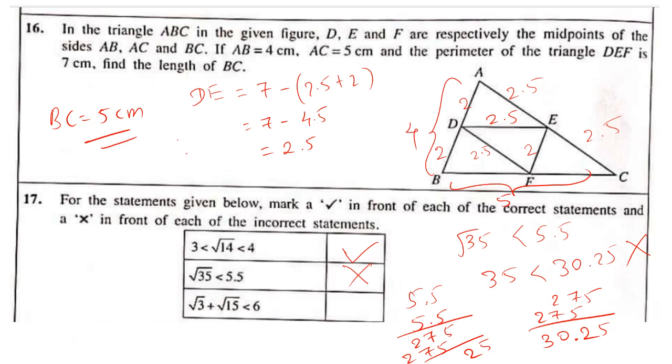So you can see root 3, just think about root 4 plus root 16. Then this is 2, this is 4, and this is equal to 6.